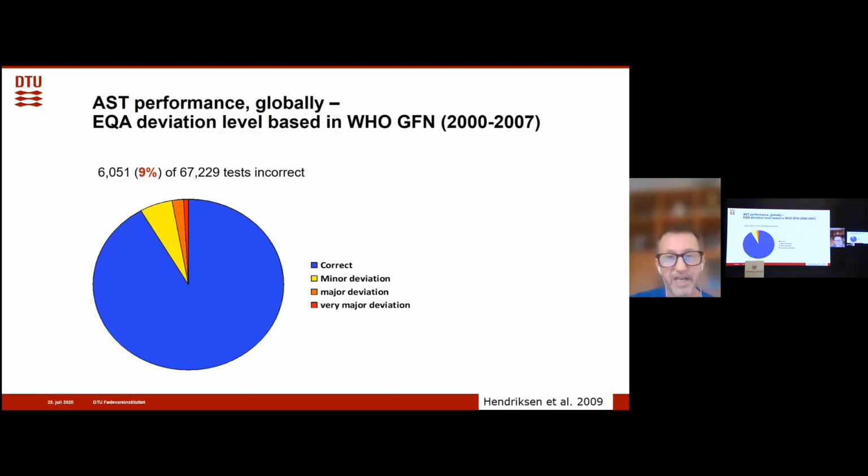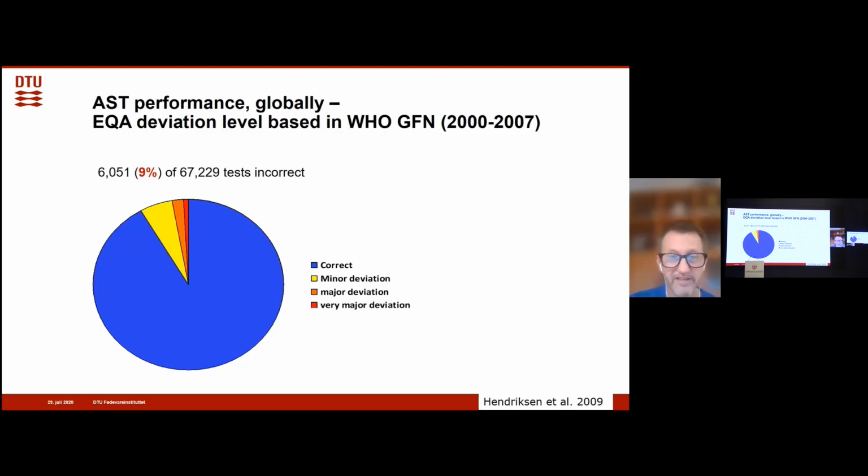And here we can see that basically 9% of all the tests conducted globally from these EQA schemes are incorrect. So some are minor deviations, major and very major deviations. But basically it means that 9% out of all the tests are incorrect.